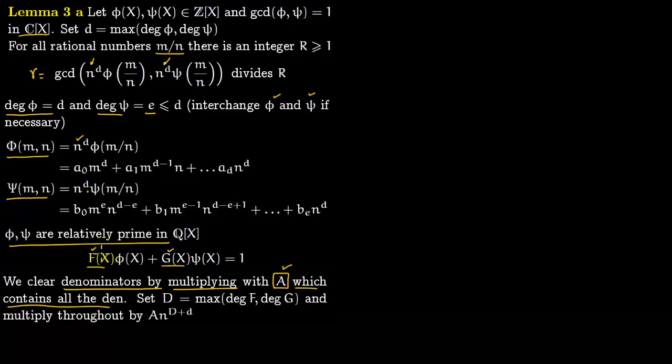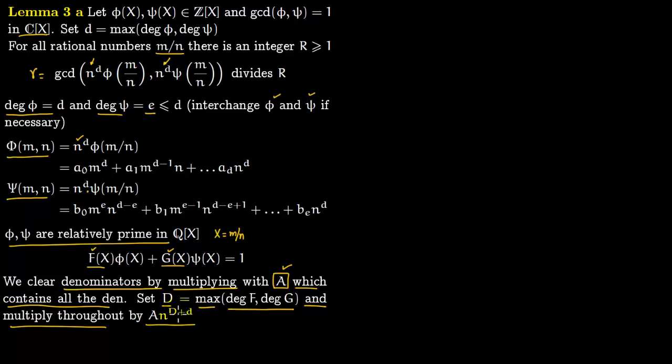Second, we want to get rid of the denominators which come in once we plug in m by n for x. So x we are going to plug in as m by n, and now we want to get rid of this denominator, exactly like we did here by multiplying by n to the power of d. So again you set capital D as the maximum of the degree of f and the degree of g, same technique as before. And now you multiply throughout by a n^(D+d).